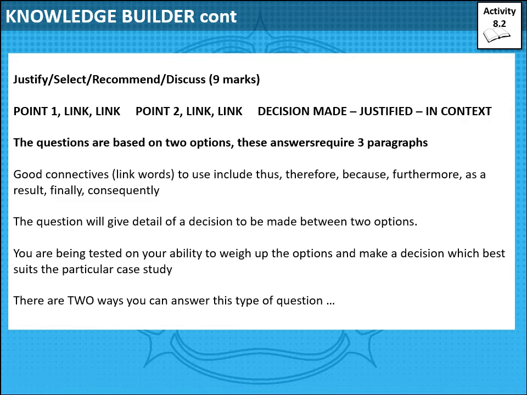So in 9-mark questions, you'll have 2 options. So attempt to write 4 sentences on one option, then 4 sentences on the second option, and then justify using the cases. The key thing all the time is using the source material that you've been given to make a justification in context.